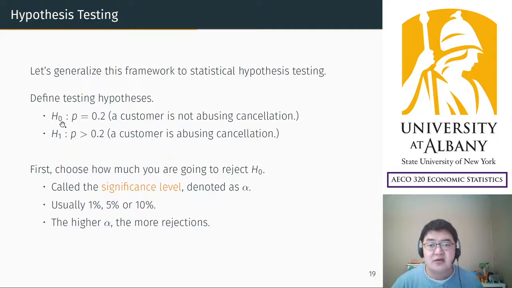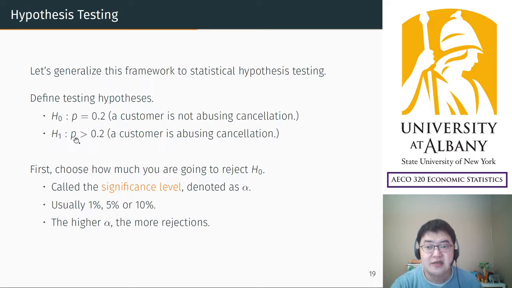So that means if the probability is 20%, the customer is not abusing cancellations. So 20% may happen naturally. However, if the probability of cancellation is greater than 20%, then it's intentional. The cancellation is intentional, and the reservation was made knowing that it's going to be canceled.